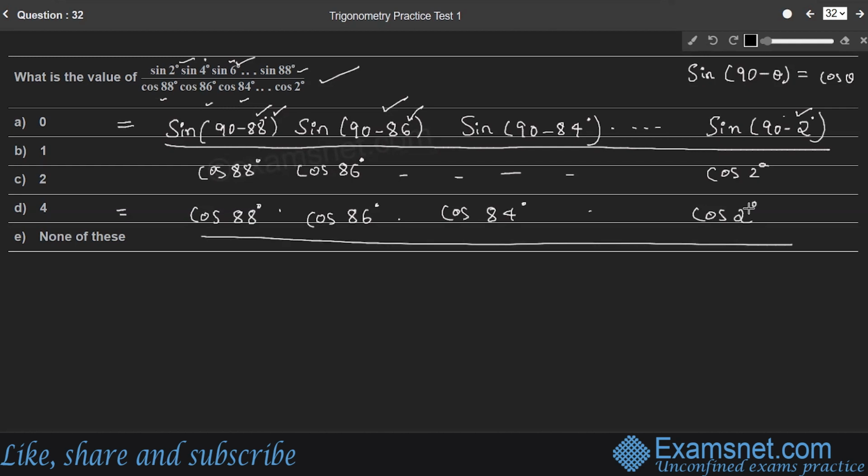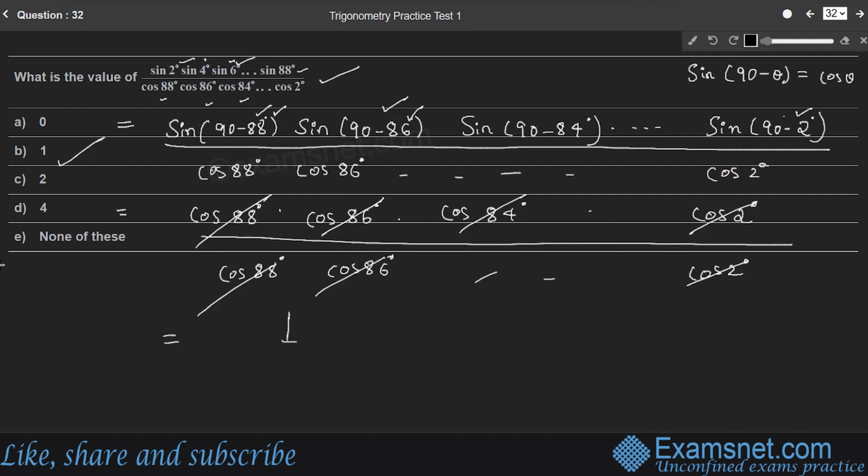Divided by, so denominator will be as it is, cos 88 degree into cos 86 degree, so on up to cos 2 degrees. So we can cancel cos 88 and 86, so on up to cos 2 degree. Therefore, we'll have 1 as the final answer, right? So option B is the right answer.